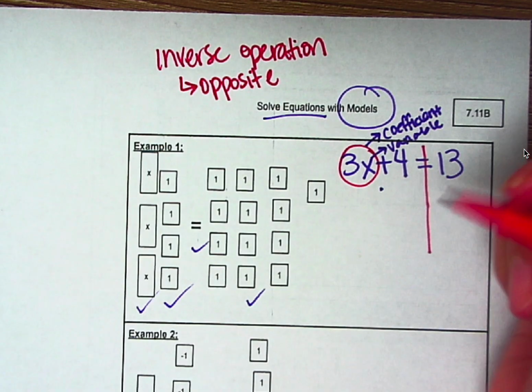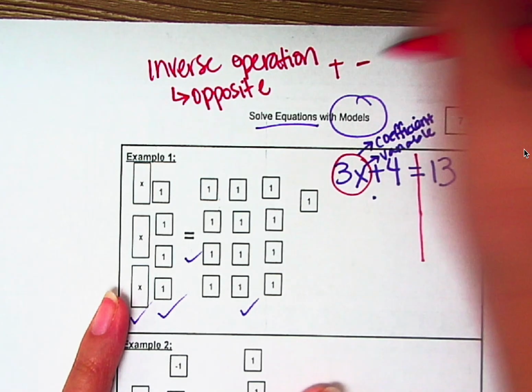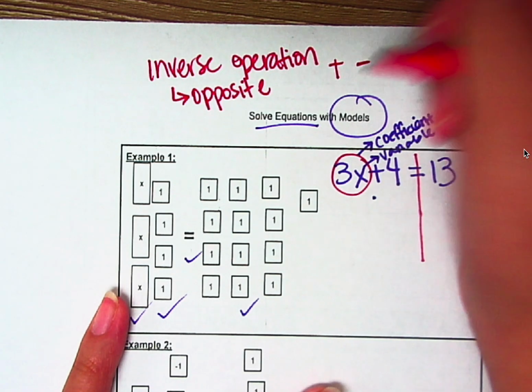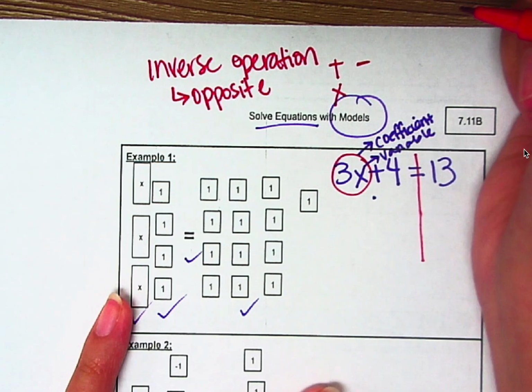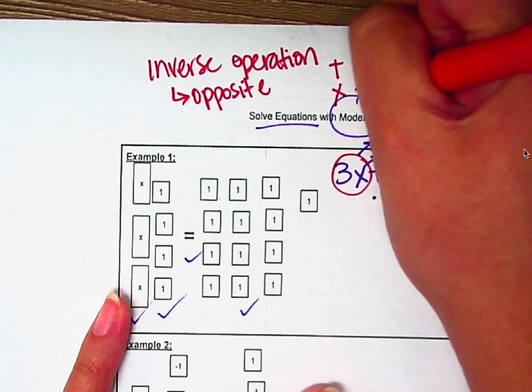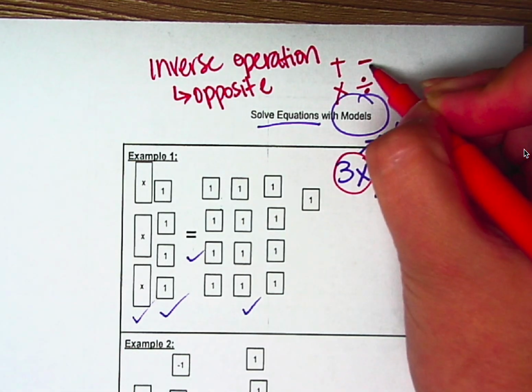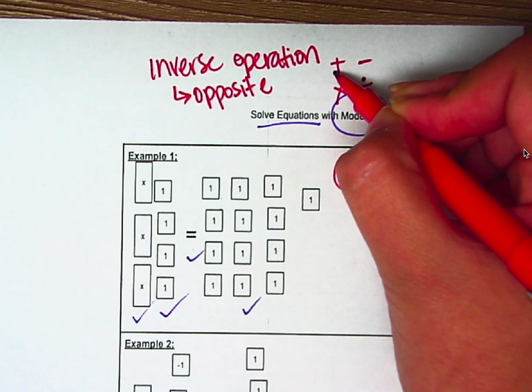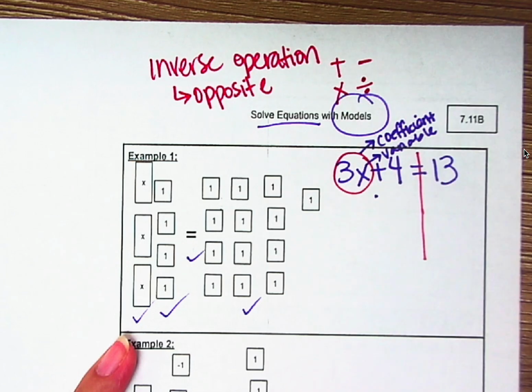So if I have an addition sign, the opposite of addition is subtraction. Now let's look at multiplication. If I have the multiplication sign, the opposite of multiplication is division. Okay. Same thing, if I have a subtraction, the opposite is addition. If I have a division sign, the opposite is multiplication.